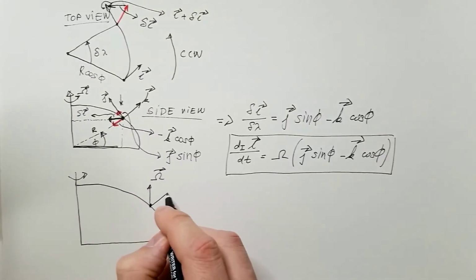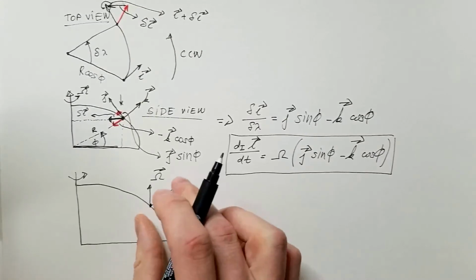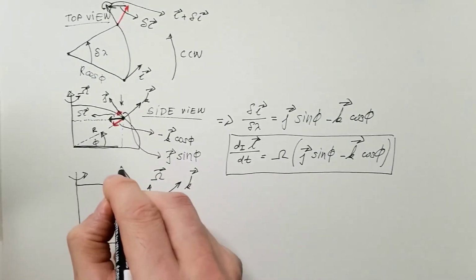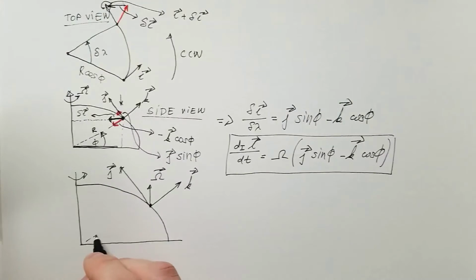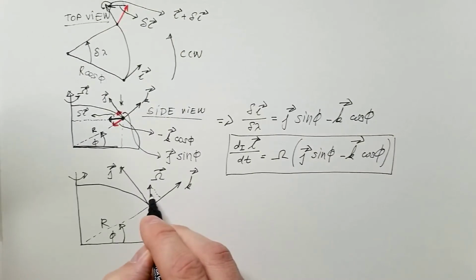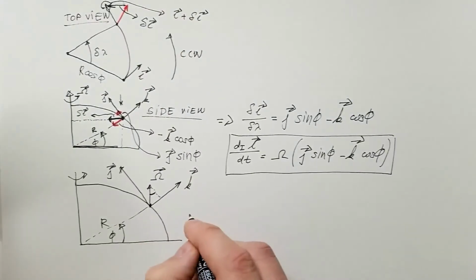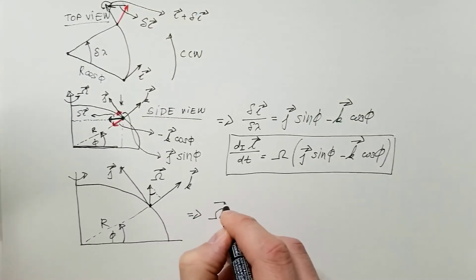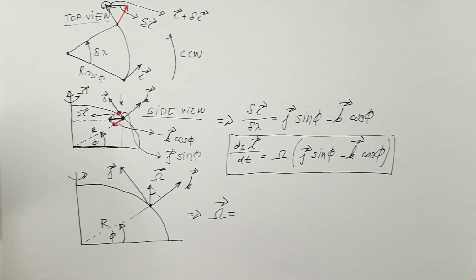Now remember, unit vector k, I'm making it large so you can see it nicely. This is unit vector k. This is unit vector j. This is latitude phi. This is radius of the Earth r. Well, I can find components of this omega along the j direction and along k direction. If this is angle phi, then this is also angle phi over here. So from figure, we see that omega as a vector now, not scalar, as a vector, has components.